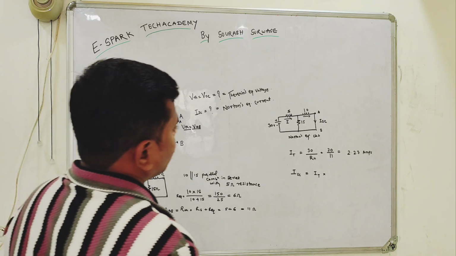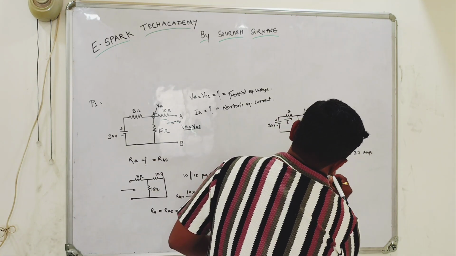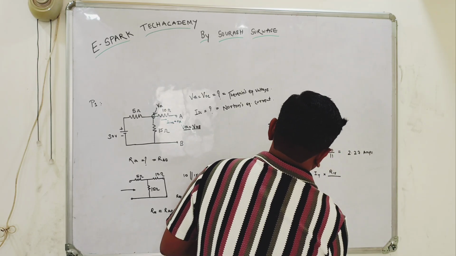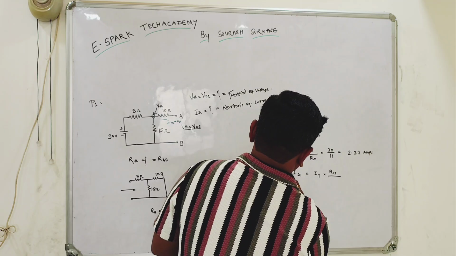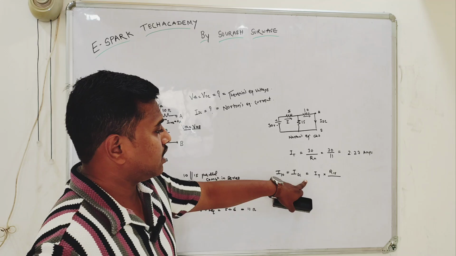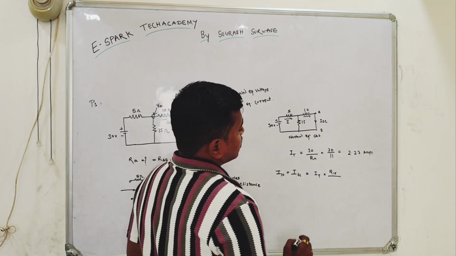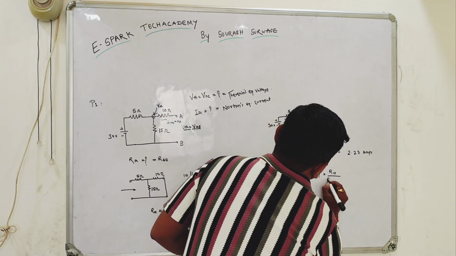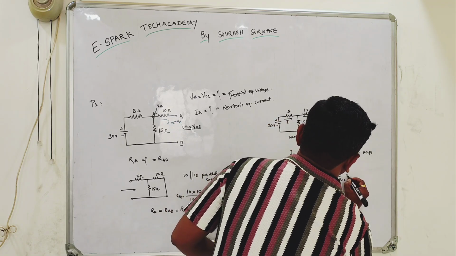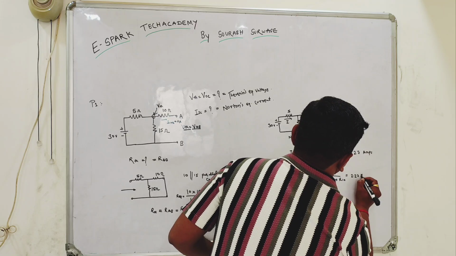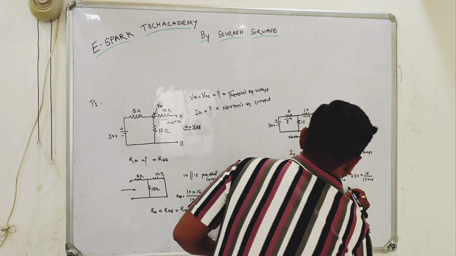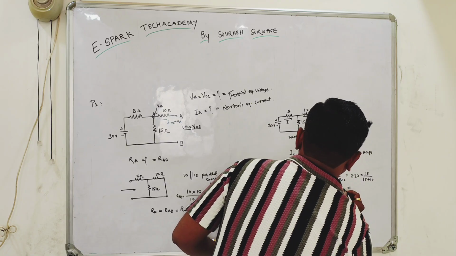In the current division rule, we take the opposite resistance. Here in this case it will be R15, as the current is flowing through the 10 ohm resistor. That's why the opposite resistor is R15 divided by R15 plus R10. Here, 2.27 into 15 divided by 15 plus 10. This is nothing but ISC.